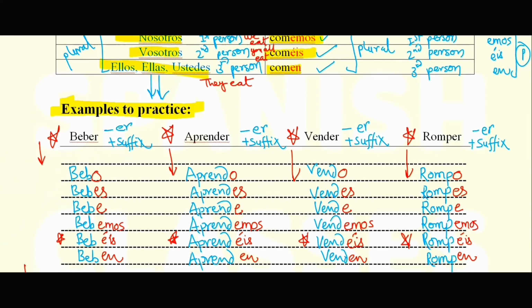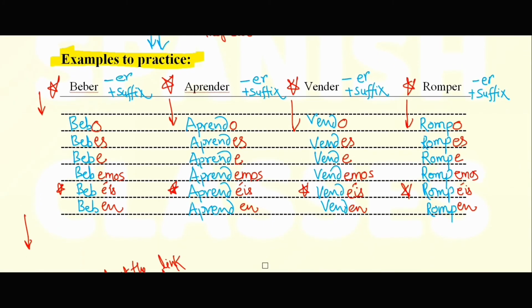See, ER ending examples. Now we'll get the meanings and respective translations. Beber means to drink. Bebo means I drink.